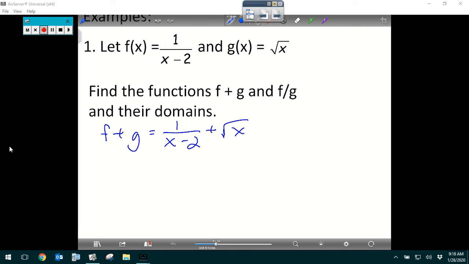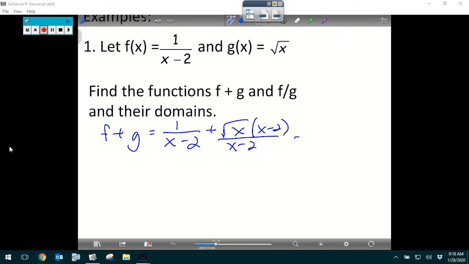Now, since those are two different kinds of functions, one is a rational function and one is a radical, right? The rational is the fraction and the radical has got the square root. We can leave it like that. That's okay. If we wanted to find a common denominator, we could, which would be just fine. So we would multiply this one by x minus 2 like that.